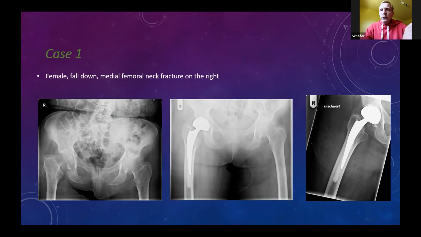She had a fall. After, you can see on the right hip that she has a fracture, a medial neck fracture, and because of the age of the patient, we used a bipolar prosthesis with cement. That is the result after the operation.